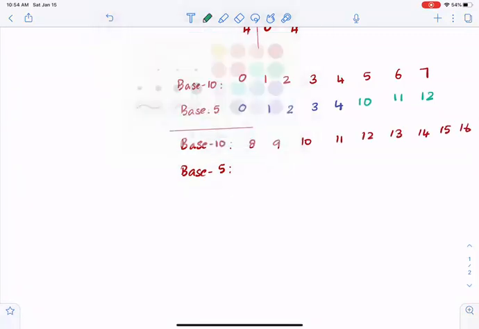So we will have 13, 14. We can't have 15 because that's not possible in base 5. So we cycle back, pick the first digit. So 2, 0, 2, 1, 2, 2, 2, 3, 2, 4. That's the maximum we can go.